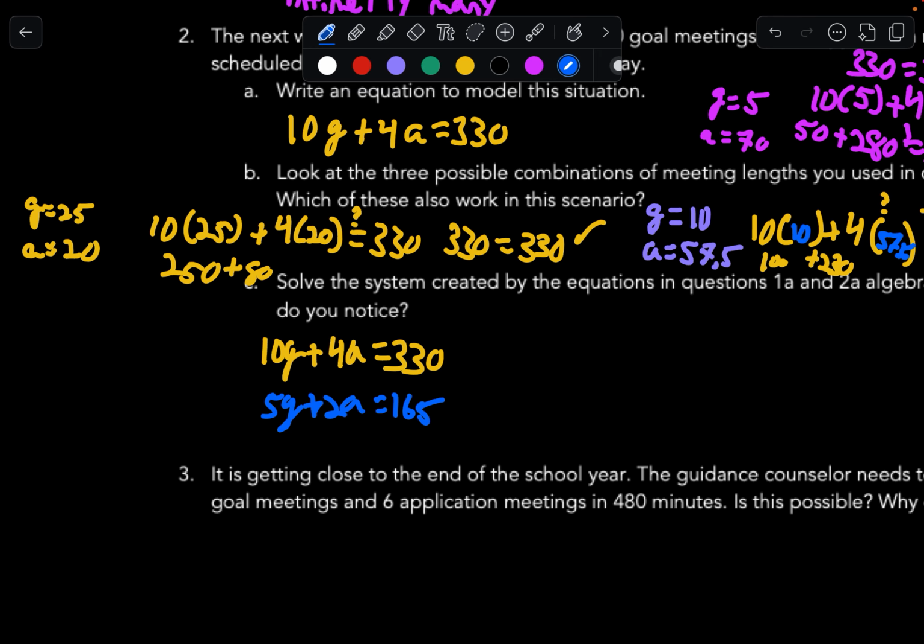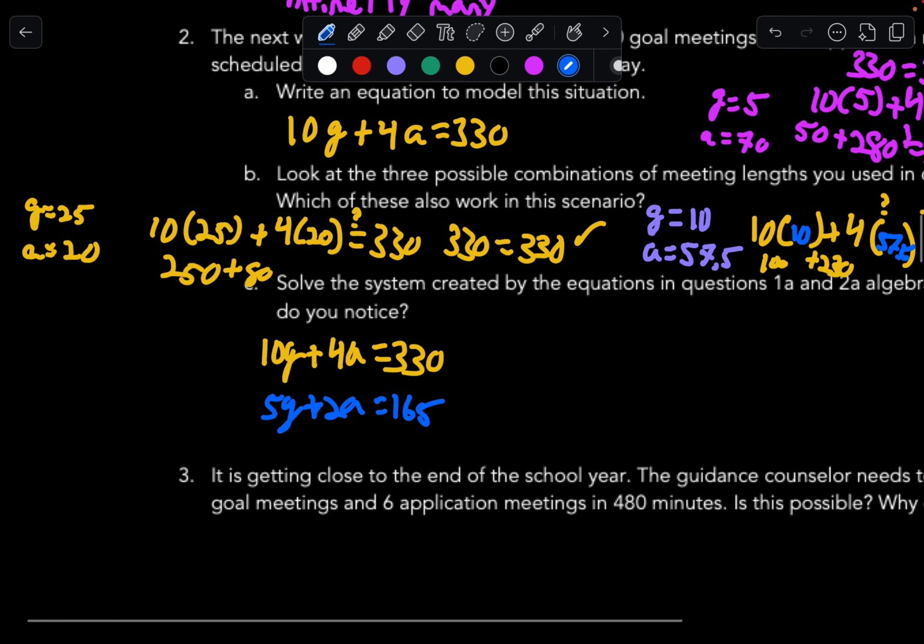Do you notice that the coefficients on the left in front of g and a are exactly half of the coefficients in front of g and a of the yellow? And not only that, on the right side, 330 and 165. 165 is exactly half of 330. So what does that mean?